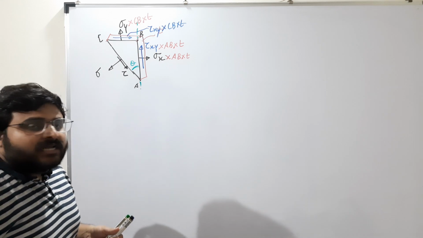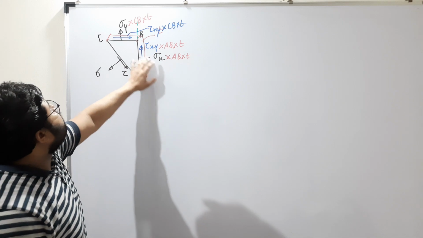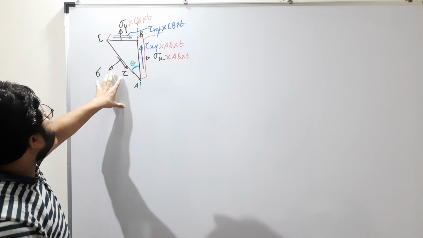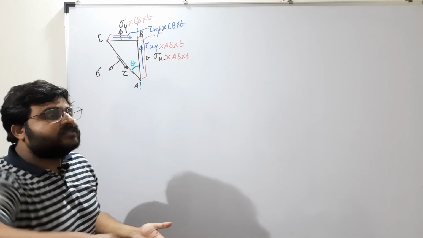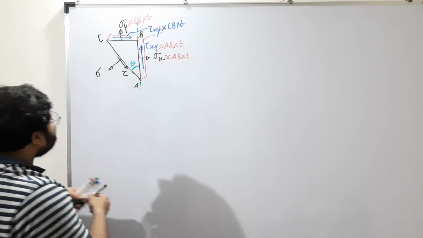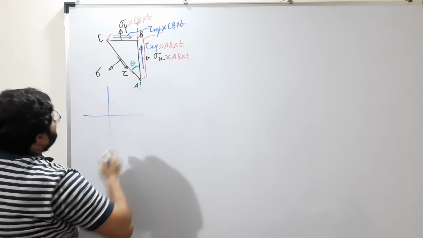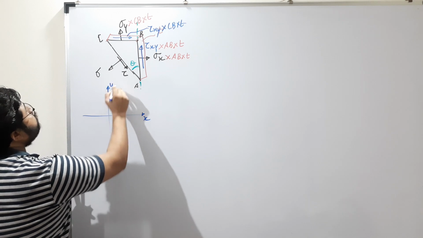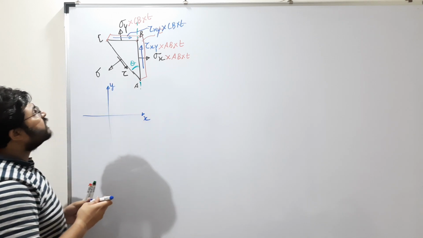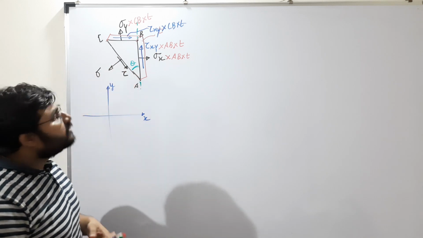Now, before starting the force analysis, because this is along the x-axis, this is along the y-axis, but this tau and sigma, they are along some general axis. So that general axis we don't know. So what we are going to do, we are going to draw an axis in the manner so that it will help us to resolve the forces, because I have seen many students struggling to resolve the forces in this derivation.